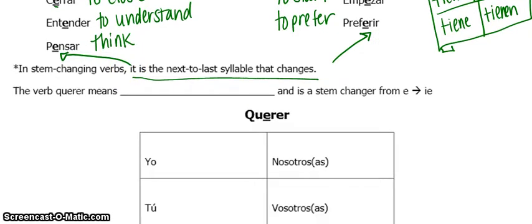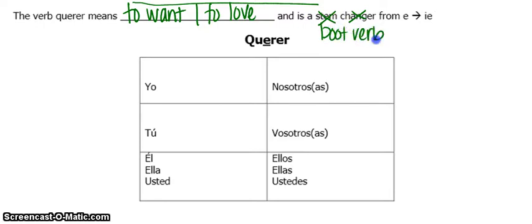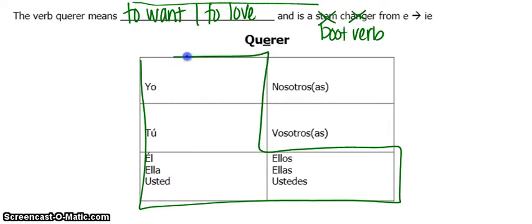One of these verbs, very specifically, querer, means to want or to love. And it's a stem changing verb from E to IE. And remember, instead of saying stem changer, we can say boot verb. It's a boot verb because when you change it from E to IE, it's only going to change in these forms, and it's not going to change in nosotros and vosotros.